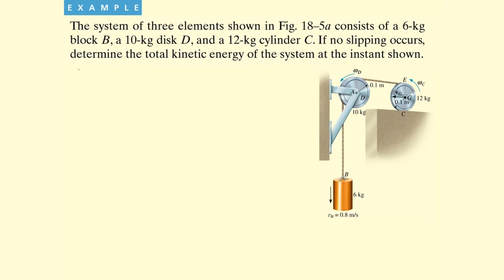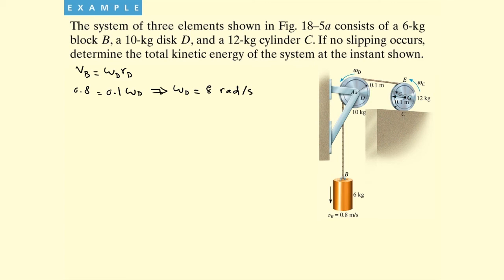So I know that VB equals omega d RD. Right? So substitute the values. This equals 0.8 should equal RD, which is 0.1, times omega d, and this will give me that omega d should equal 8 radians per second.